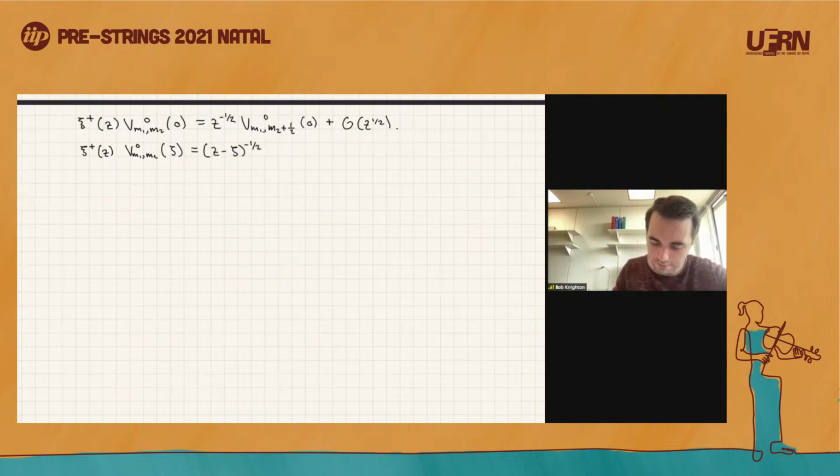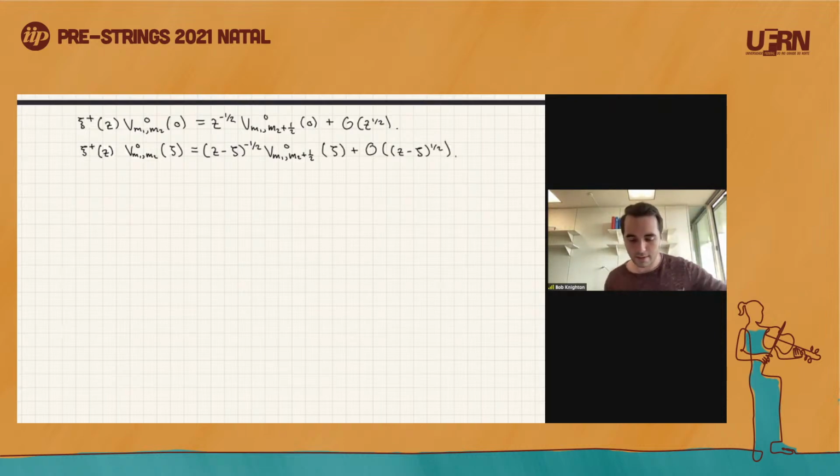So you have z minus zeta to the minus 1/2, V m1, m2 plus 1/2, 0 of zeta, plus things that go like z minus zeta to the 1/2. And that's essentially how you can read off the OPE between these two operators.